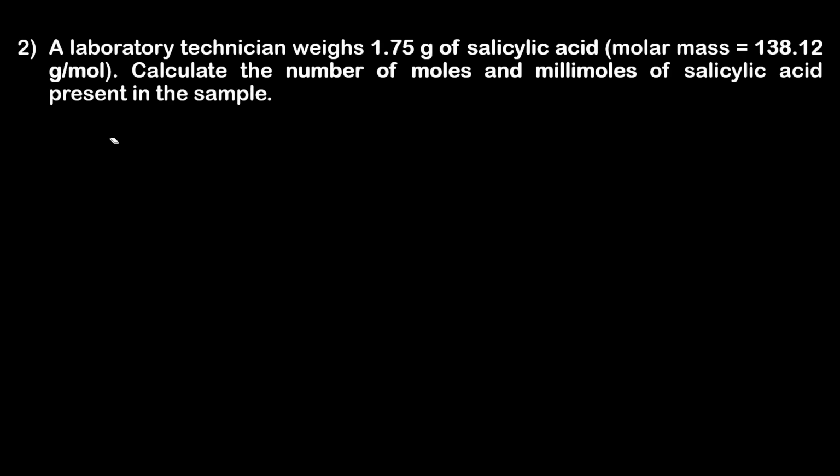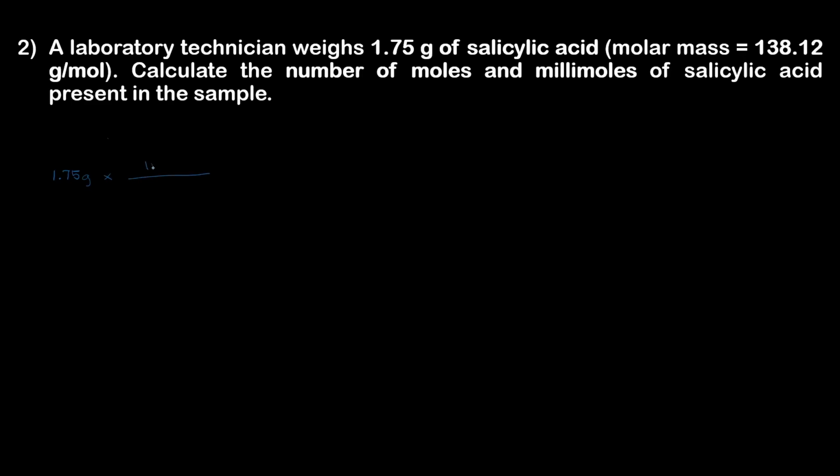Okay. So likewise from the previous question, we want grams, to moles, and millimoles. So let's start with the given grams. That would be 1.75 grams of salicylic acid times its molar mass.